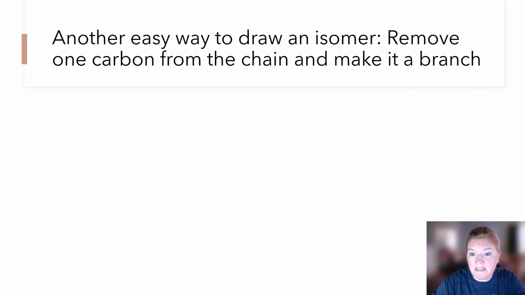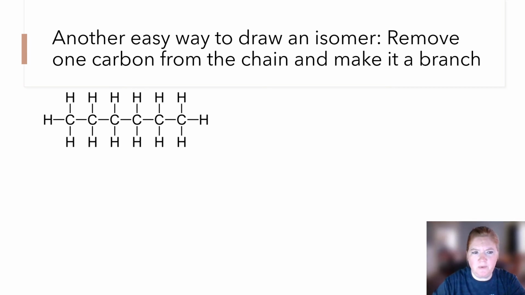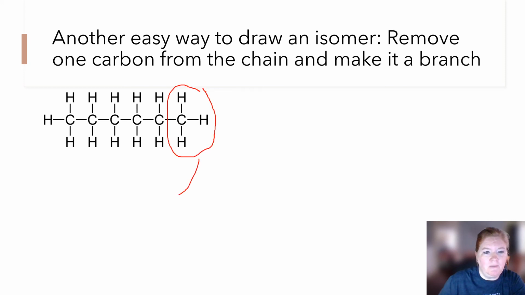Okay, another easy way to draw an isomer is to take one carbon off the chain and make it a branch. So what do I mean? So you can see this is hexane, okay? So what I'm going to do is remove a carbon from the chain and make it a branch. Now, if I put it right here, all I do is put it right back on the same one.